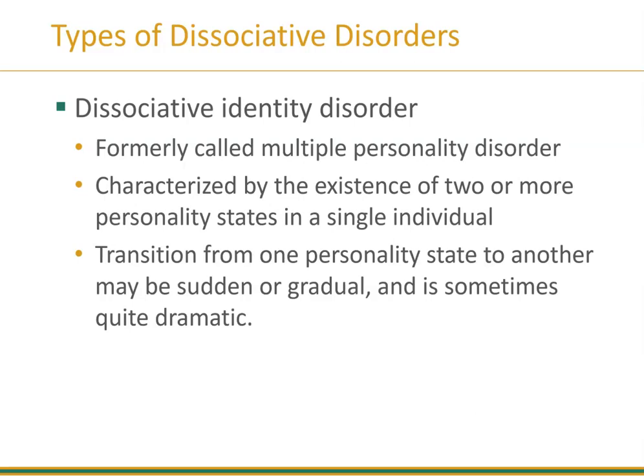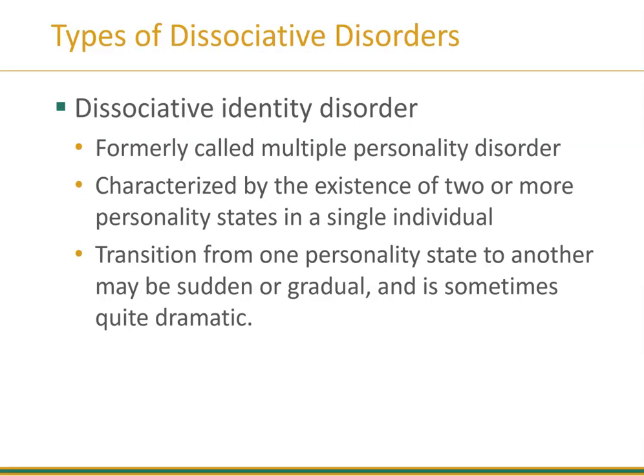Now, the dissociative identity disorder is formally called multiple personality disorder. This is characterized by the existence of having two or more personality states in a single individual. You probably heard of Eve, probably saw movies on the television of people with multiple types of personality.